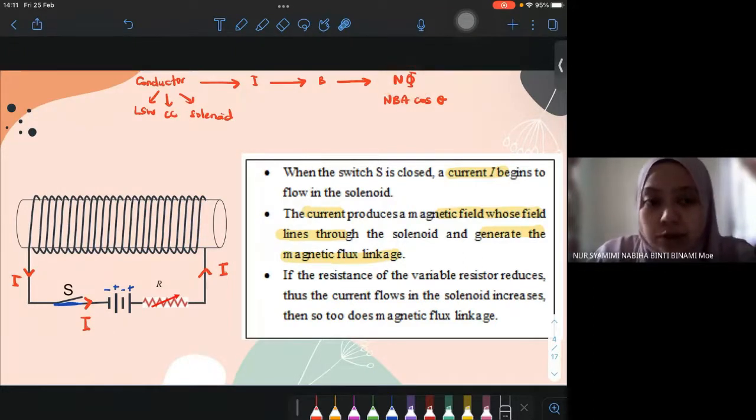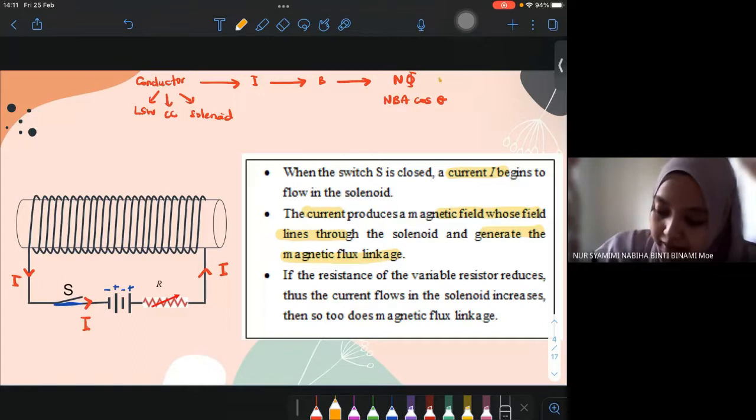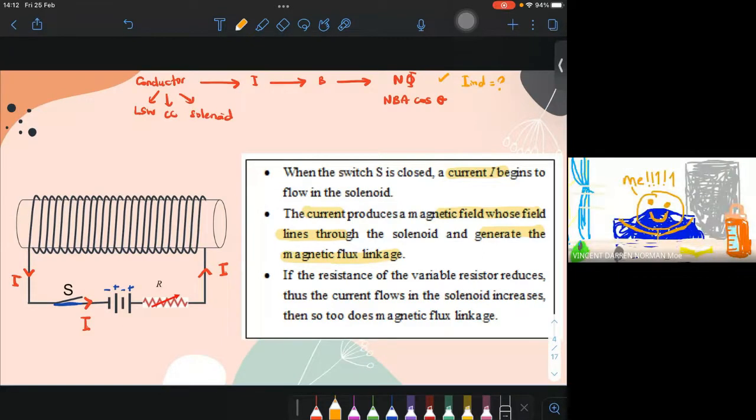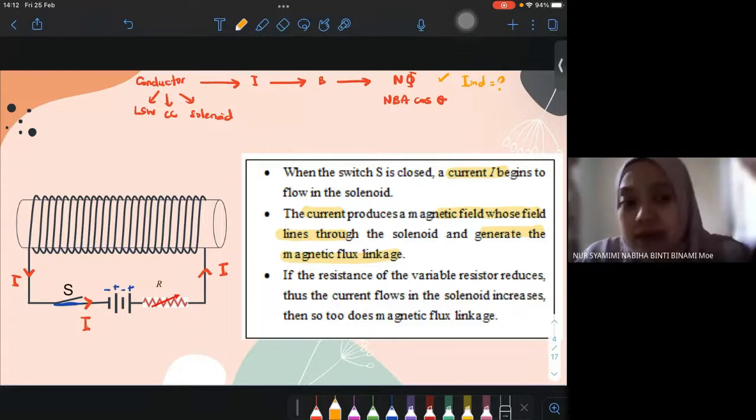Okay. Now, dah ada I induce ataupun tidak? Kelas sampai sini, dah ada I induce ataupun belum? Belum masih. Kenapa masih belum ada I induce?